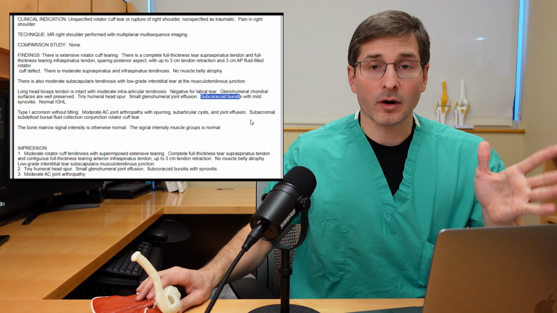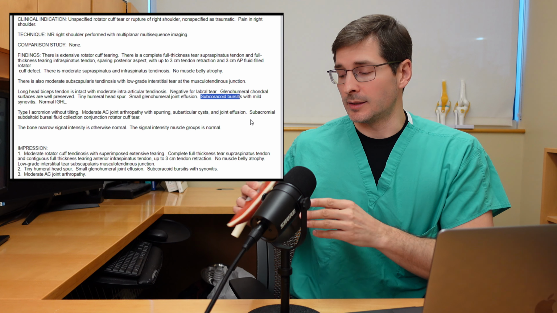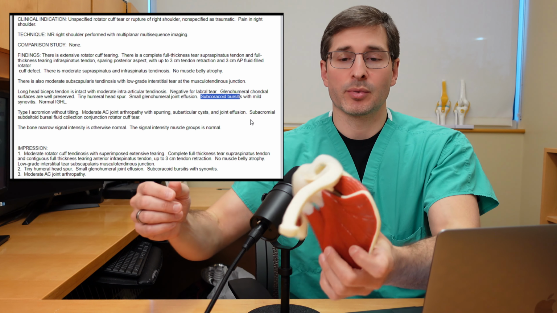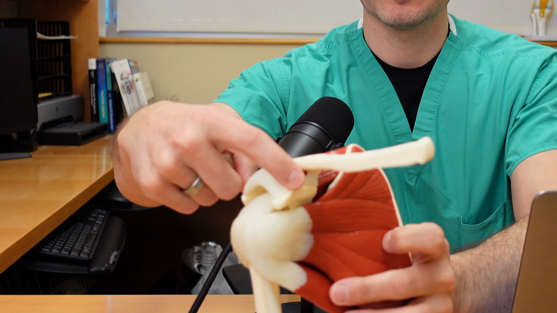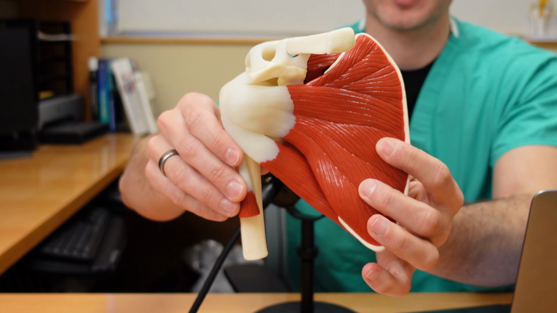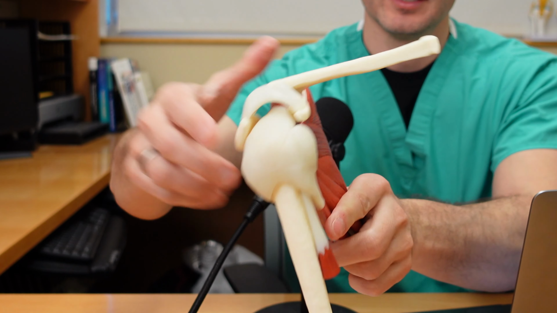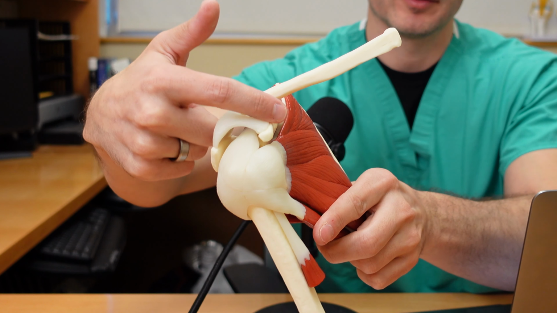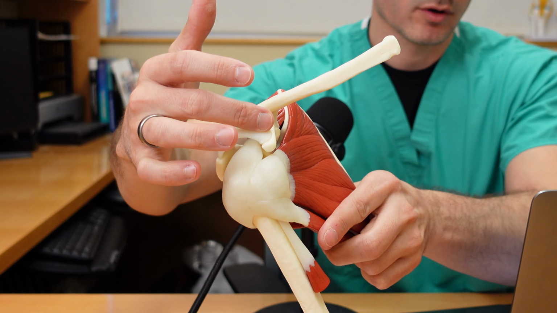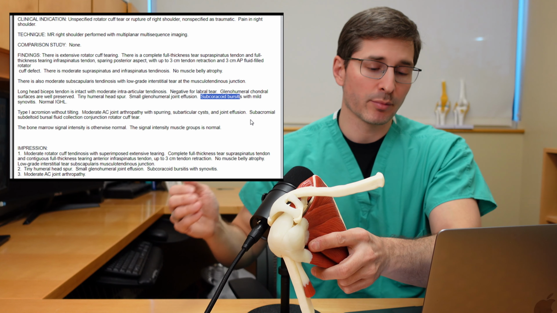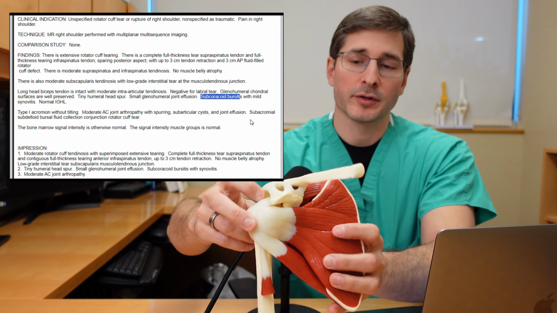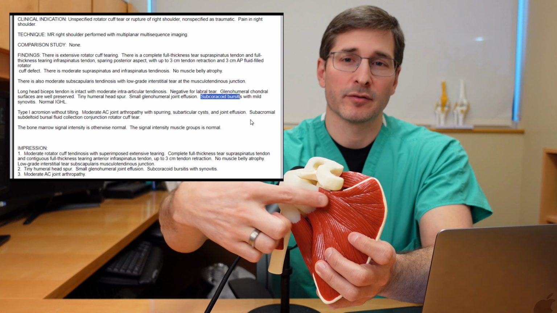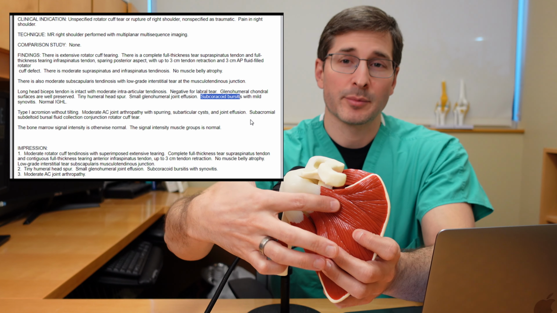The coracoid is a bony protrusion right here. If we're looking at our shoulder, we turn the shoulder this way, and the coracoid process is this finger-like projection off the shoulder blade. That's the coracoid, and so when they say the subcoracoid bursa, they're referring to the space underneath it, so right here in front of the subscapularis tendon.